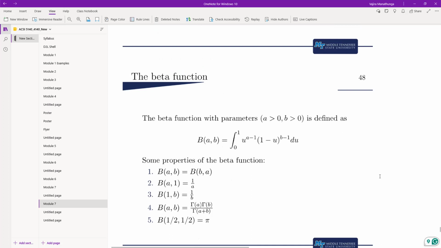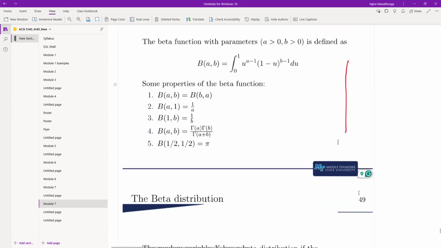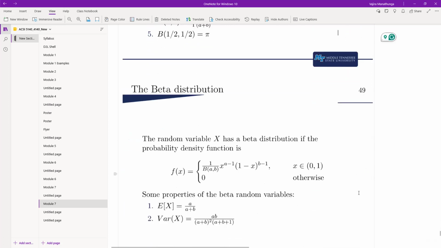Similarly, we can define another distribution, which is called beta. Plus, we define the beta function. Here you can see the beta function and some properties, and then the beta distribution is defined here. Again, when you see a distribution, if you can match the format to that distribution, then you can easily get the expected value and variance.